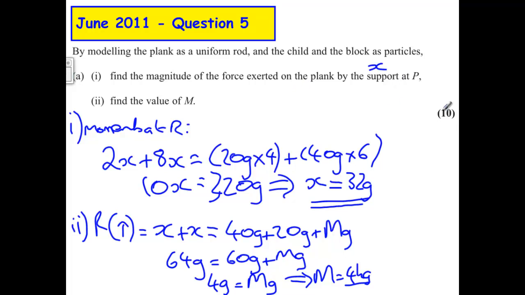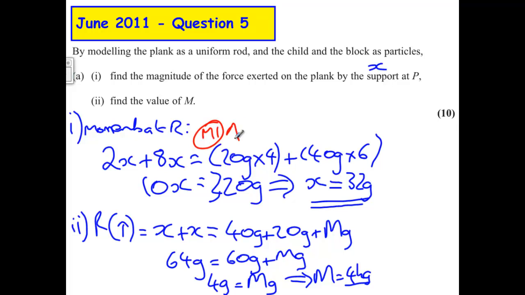Now this part A of the question was for 10 marks, and I'm just going to show you where these marks are allocated in the mark scheme. So for part 1, knowing to take a moments equation gives you 1 method mark, and doing this correctly, it can be about any point, but it is easiest to take about R because that eliminates the mass of the block.